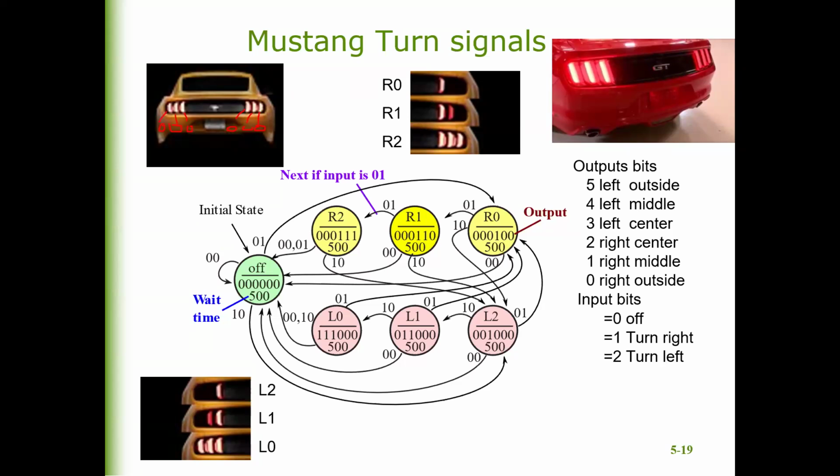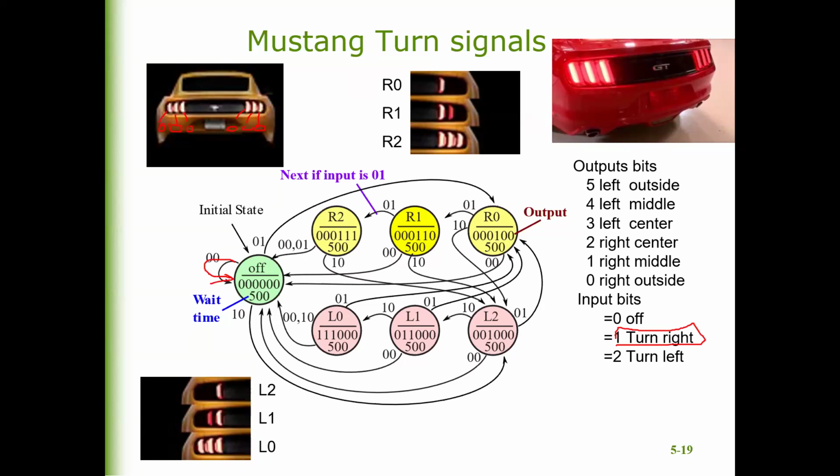Okay, so let's take a look at turn right. What will happen when we turn right? Turn right means that the input is 0, 1. If we don't do anything, the input is 0, 0, and of course we will stay at this state.